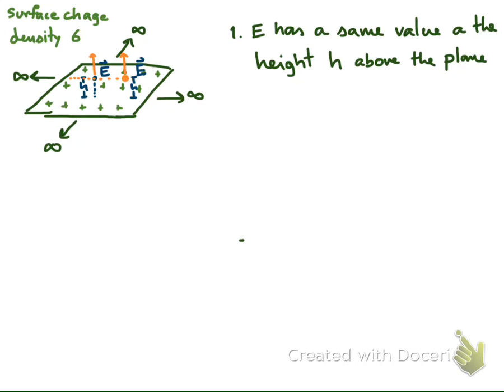That is, if we look at the electric field from this point in this direction and from this point in this direction, if the electric field does not point upward perpendicular to the plane like this, we will see a different electric field from this point and from this point.